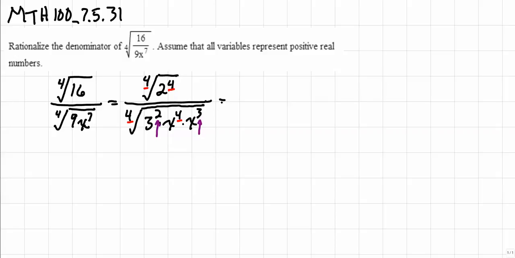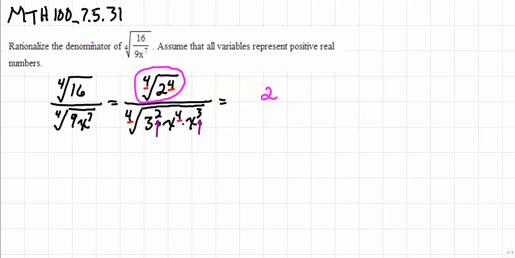I can go ahead and simplify where possible, and this right here is simply going to be equal to 2. The fourth root of 2 to the 4th is 2, because this index and this exponent are basically inverses of each other, and they will undo each other or cancel in the vernacular.